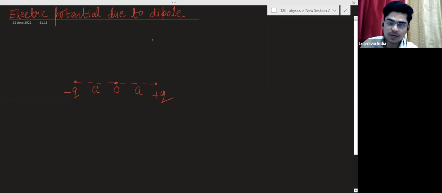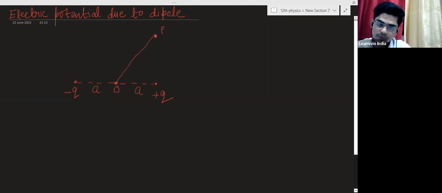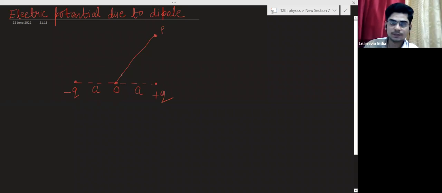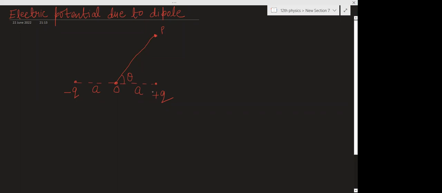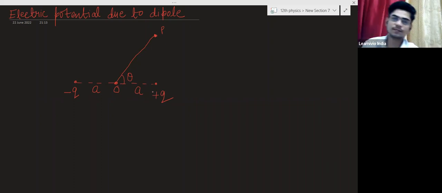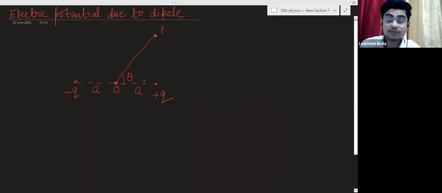So I am calculating the potential at some point P from O, and OP makes an angle theta with the line of the dipole. Okay, guys? Yes, sir. If you have any problem, you can ask. This is a basic thing.